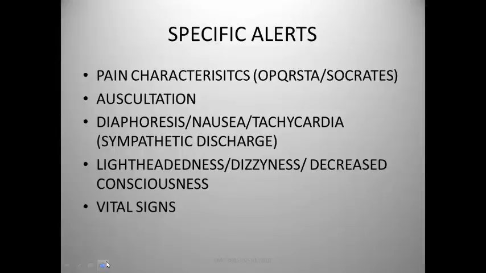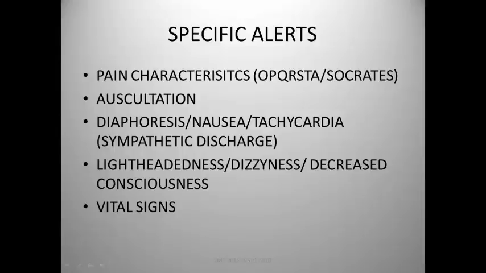You want to look at the associated symptoms that come with the chest pain. Is the patient sweating? Is he nauseous? Is there a tachycardia present, which might indicate sympathetic discharge? Is there a bradycardia present, which, if it's an ACS, might indicate damage to the conducting system? Is the patient lightheaded or dizzy? Does he have a decreased level of consciousness, which might point to decreased cerebral perfusion?